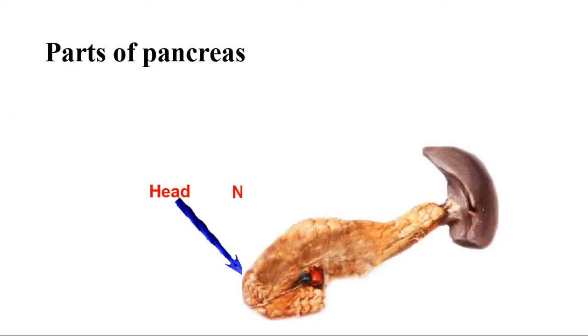Next. Here, the parts are not in this diagram, but it is there in your slide. So we will give this picture. Here you have the parts: head, neck, body, and tail. According to that, if the pointer is here, what do you have to write?